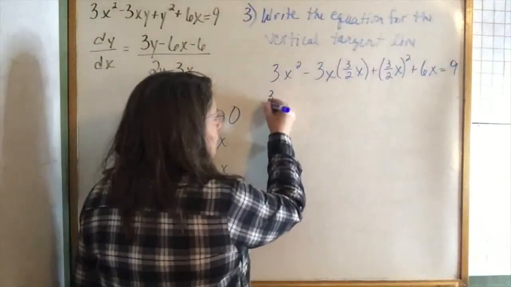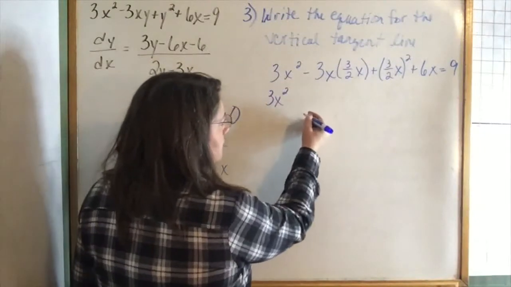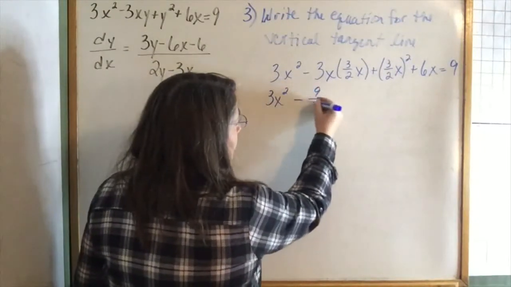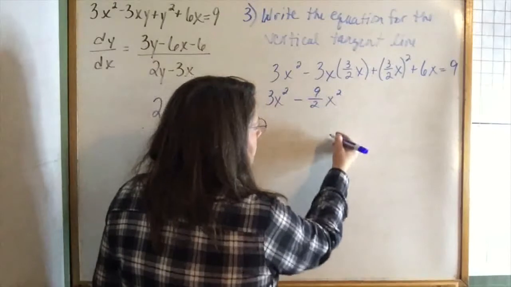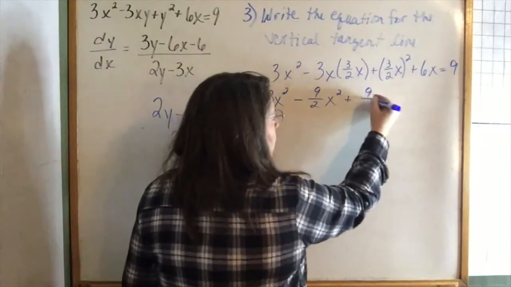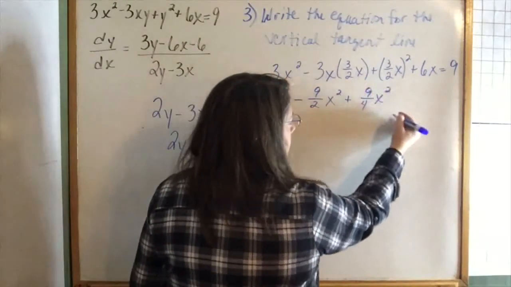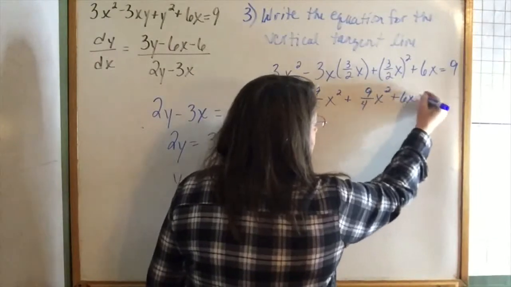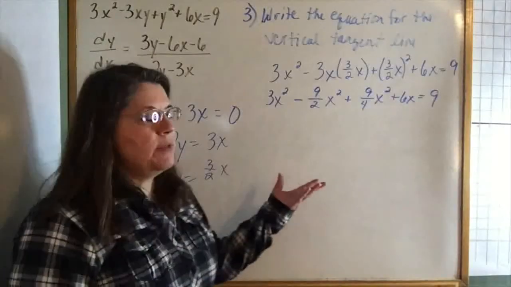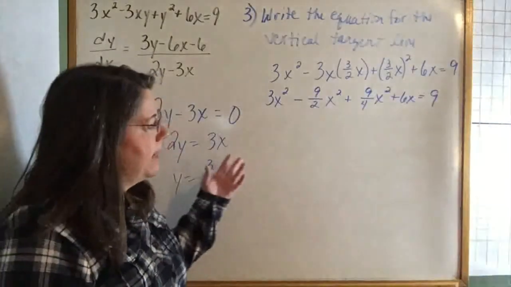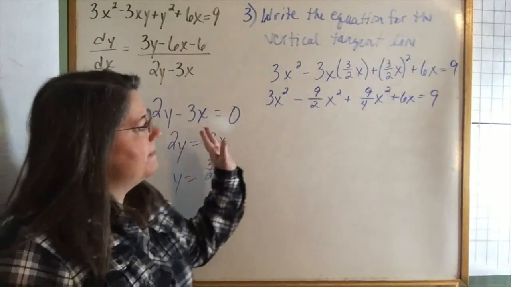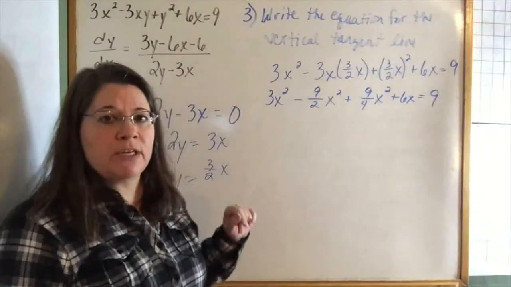So I've got 3x squared minus 9/2 x squared plus 9/4 x squared plus 6x equals 9. To make this a little bit simpler to solve, I like to get rid of my fractions. So I'm going to multiply this entire thing by 4 to get rid of the denominators.